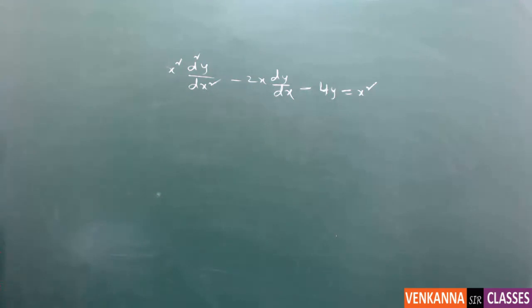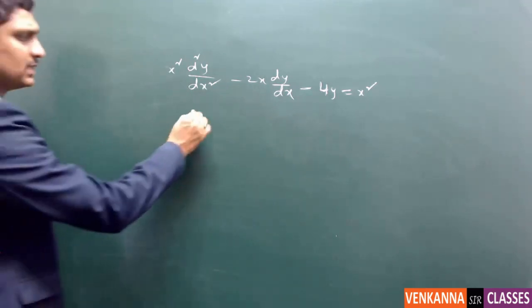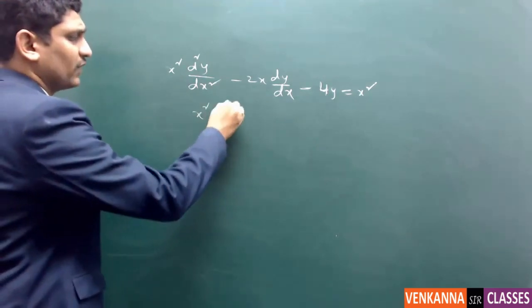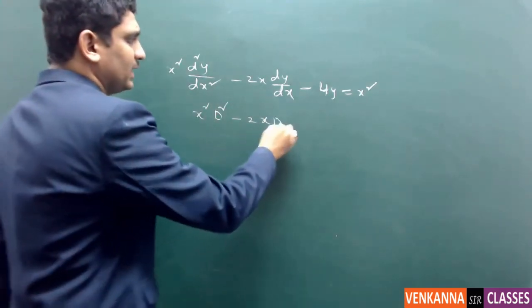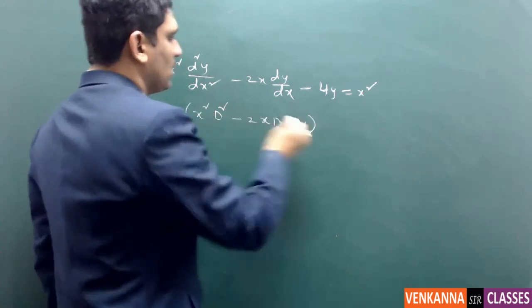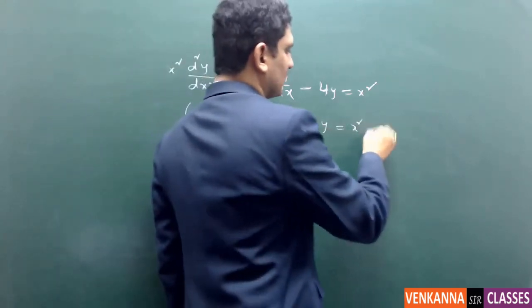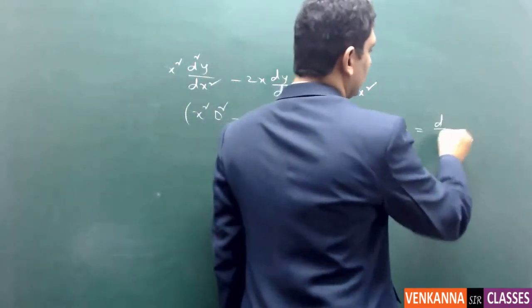Please take a note of that. If you write the operator form for this problem, it is (x square D square minus 2xD minus 4) of y is equal to x square, where D stands for d by dx.